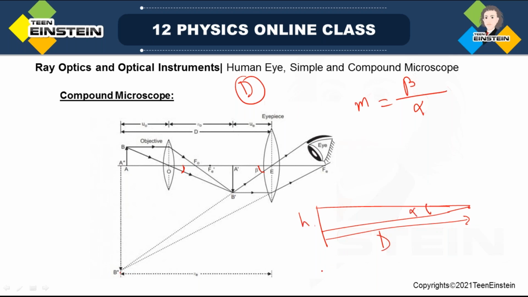This is alpha, this is h. So from here you will get tan alpha. Similarly I'll write tan beta and tan alpha, because the angles are very small.